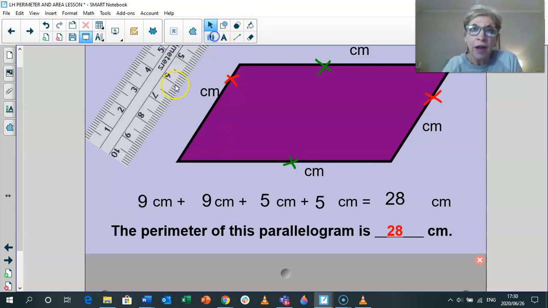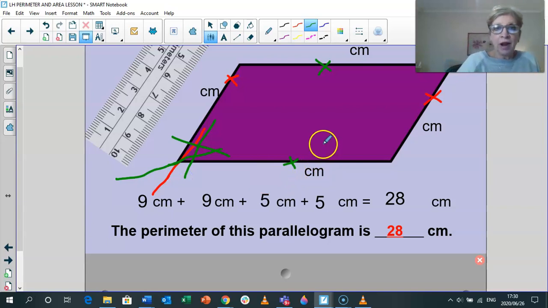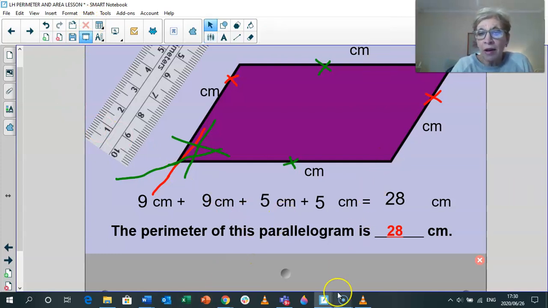Whereas if I drew a line like this and a line like that, those are not parallel, because at some stage, watch, if I carry on in a straight line, they will meet and cross over. So those are not parallel lines. It's just a little side bit of information. So there you go. The parallelogram has a perimeter of 28 centimeters.